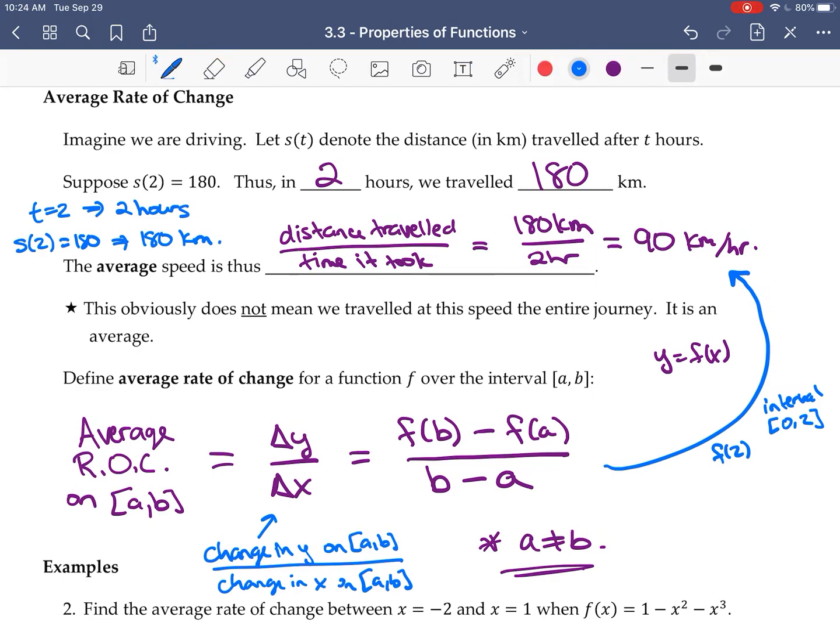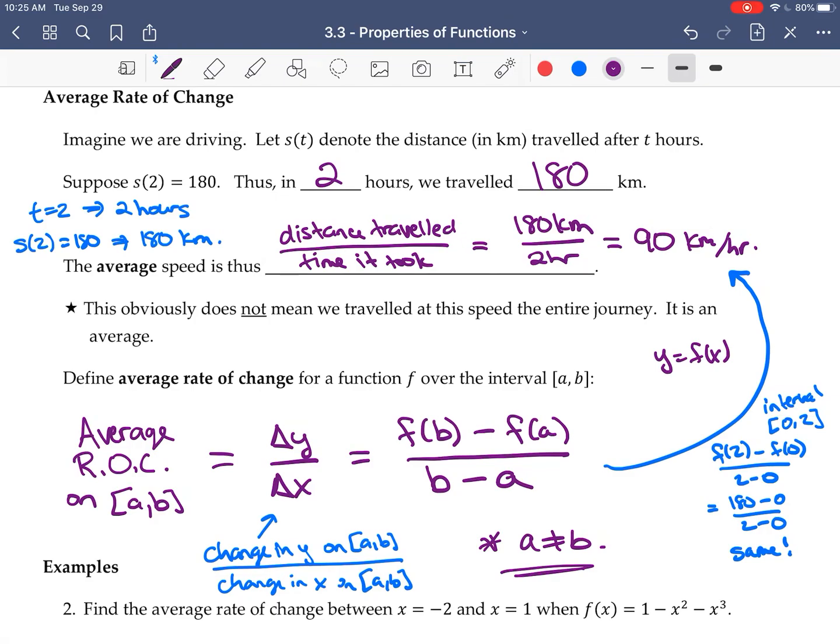So it's going to be f of 2 minus f of 0 over 2 minus 0. And f of 2 was 180. f of 0, the distance after 0 hours, is going to be 0. Notice that we get the same thing. Without even knowing it, we were already using that formula.